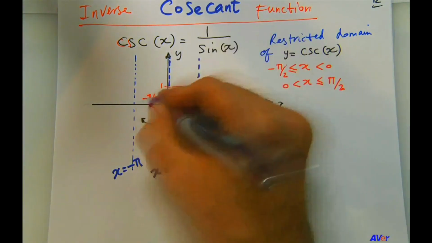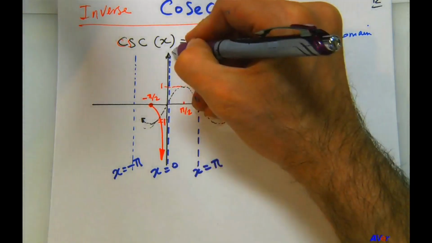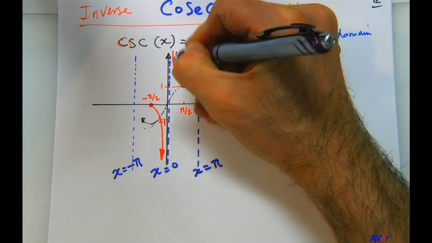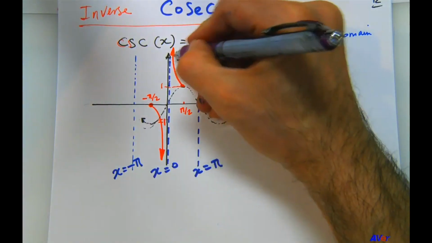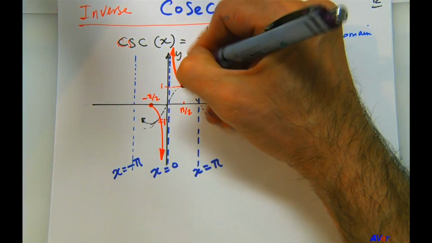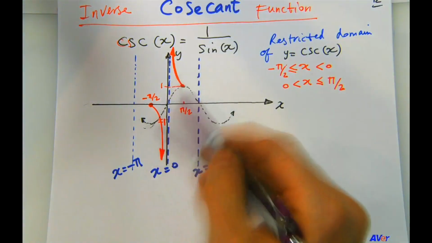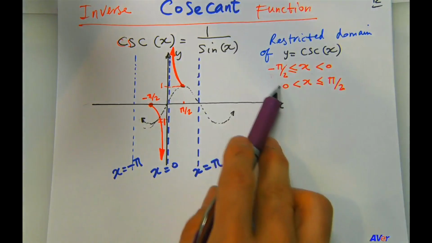So that's negative pi over 2, this is pi over 2. So it's going to look like this, like that. So once again, this is the cosecant function over the restricted domain that you see here.